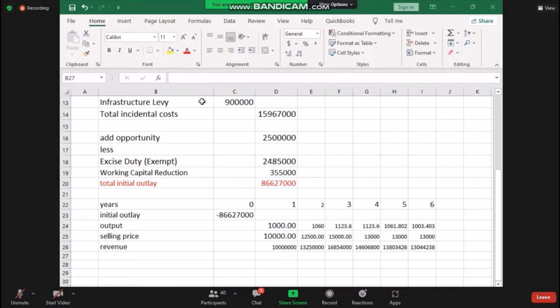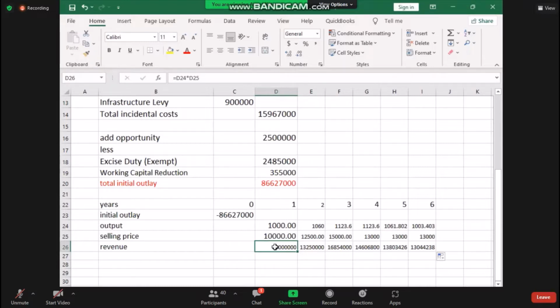Madam, yes, how have you got revenue? How have I got the revenue? We are saying that revenue is got by multiplying your output by the selling price.